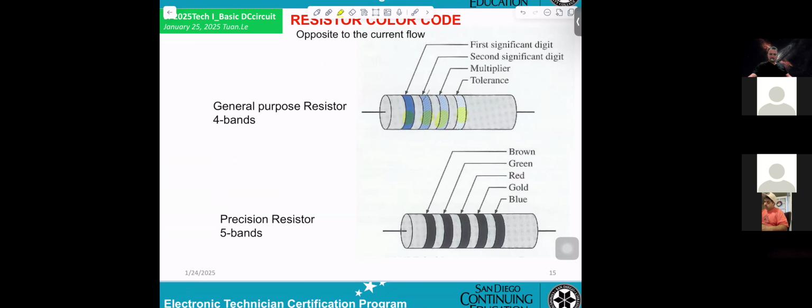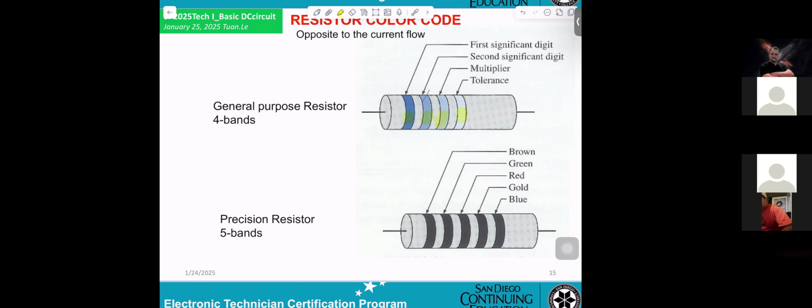technicians, we don't care much about reading the color code. For example, if you interview for a job and they give you a resistor, they will be asking you, can you tell me what the value of the resistor is?